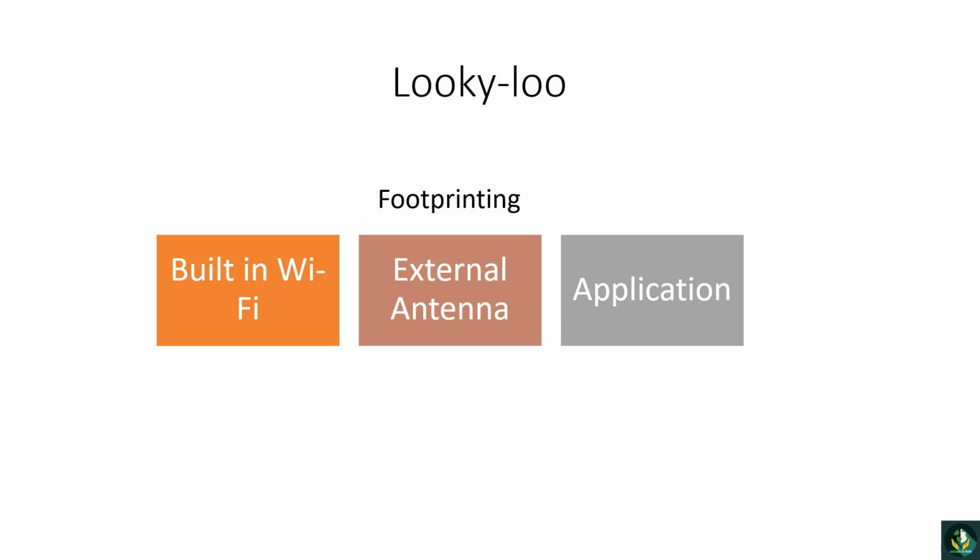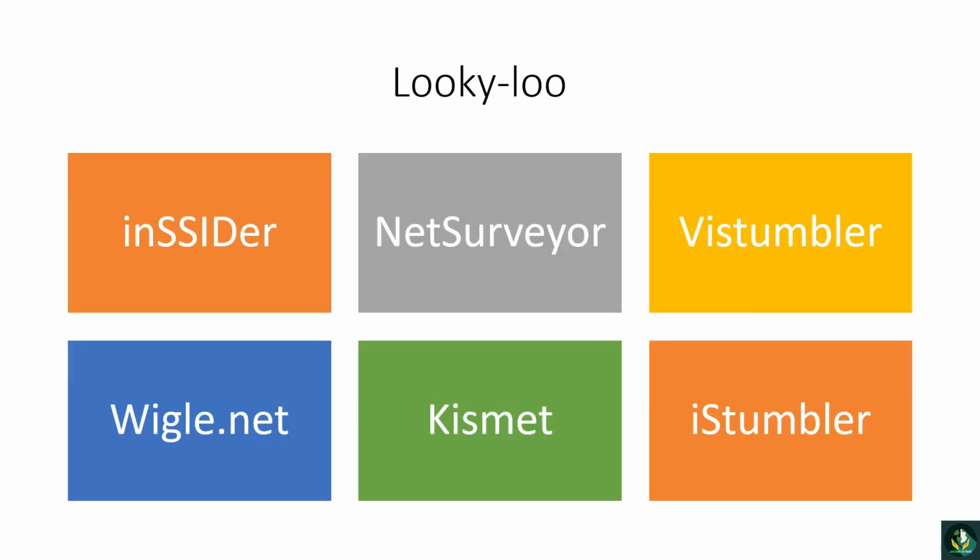The other thing I'm going to need is obviously an application. As you'll see in this lecture, some of these are desktop applications and some of the newer ones are mobile based. Some of the more common desktop applications include inSSIDer, an open source multi-platform Wi-Fi scanning software.